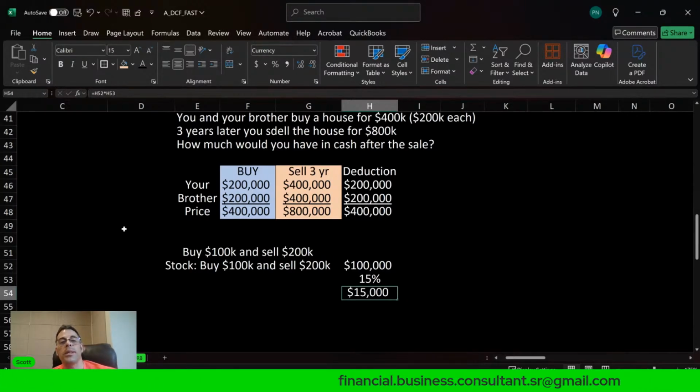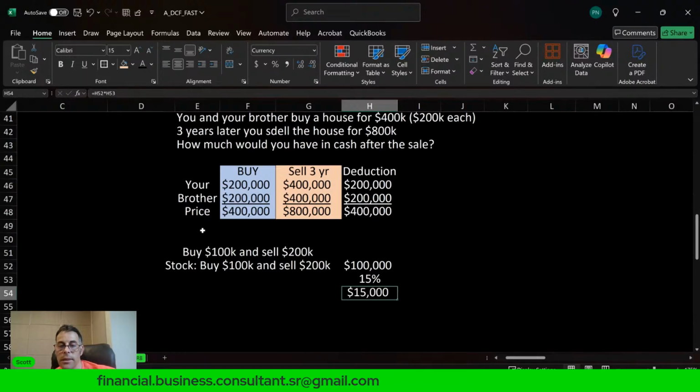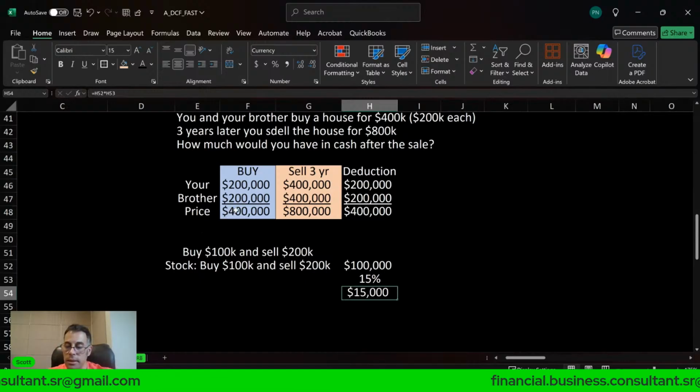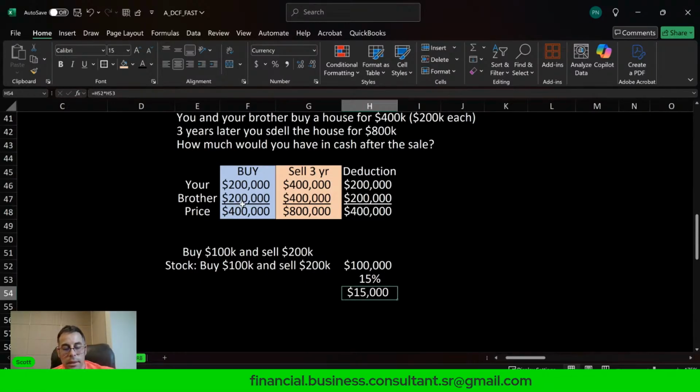So pretty much anything you sell at a profit, you have to pay to the IRS. So did anybody know what it is?